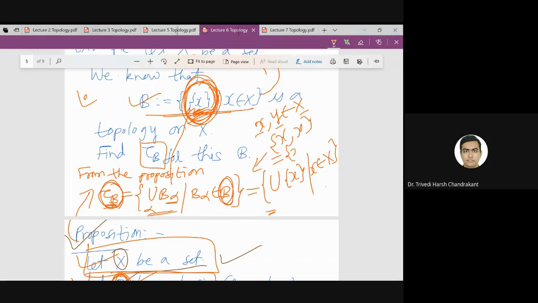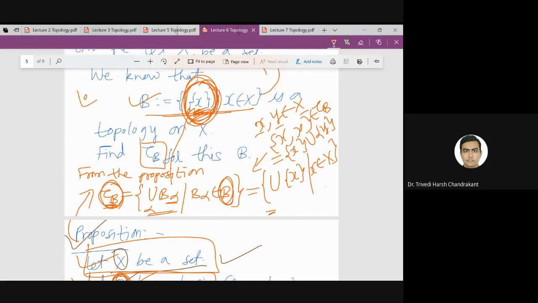I can always write it, because it is nothing but singleton x union singleton y. So that means it belongs to tau B, right? The same way, if I have three elements, we can write it as a union of singleton x, singleton y, singleton z.